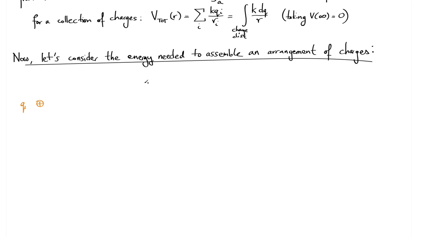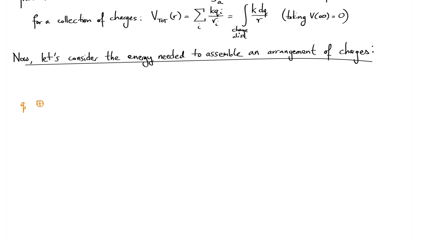So it doesn't actually take any energy to bring this charge in because there's no other electric field around except for what is generated by this charge here, and it doesn't feel its own electric field. So I can just bring this in from infinity, and it doesn't cost me anything.